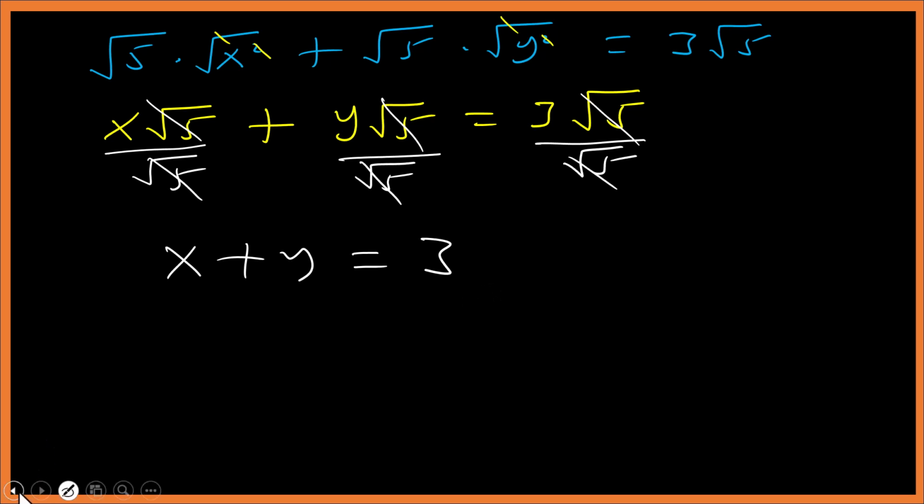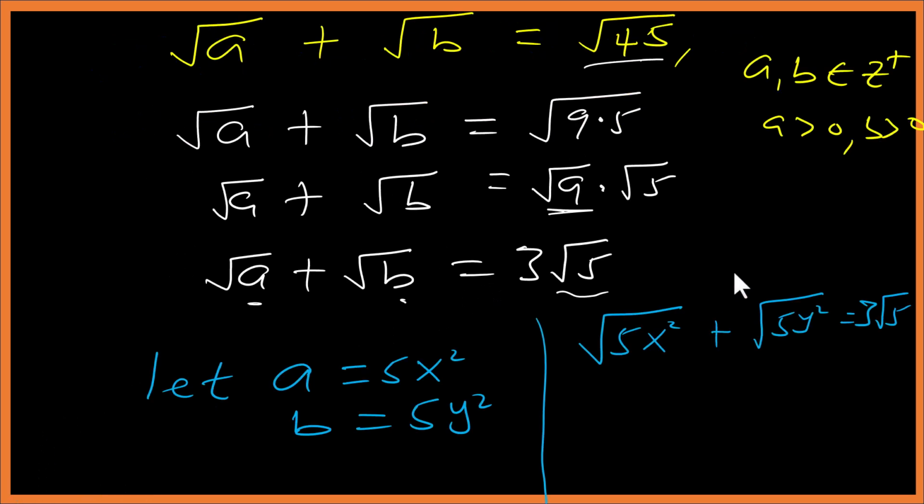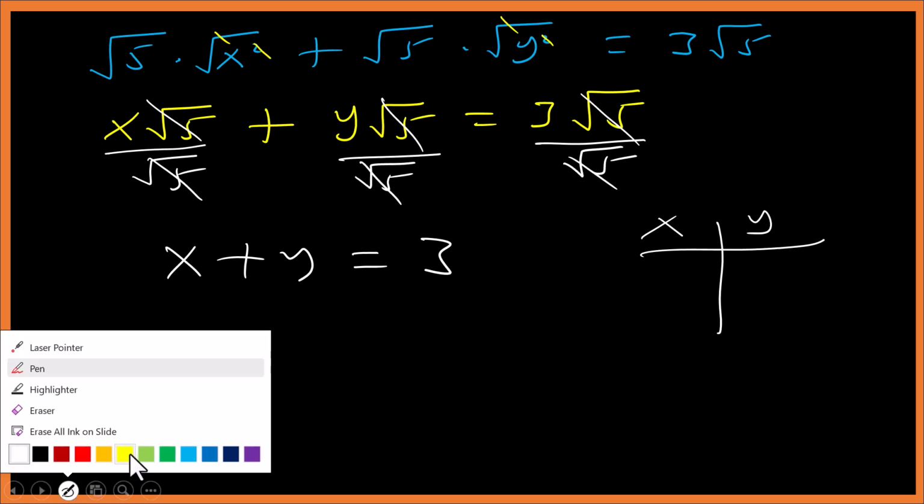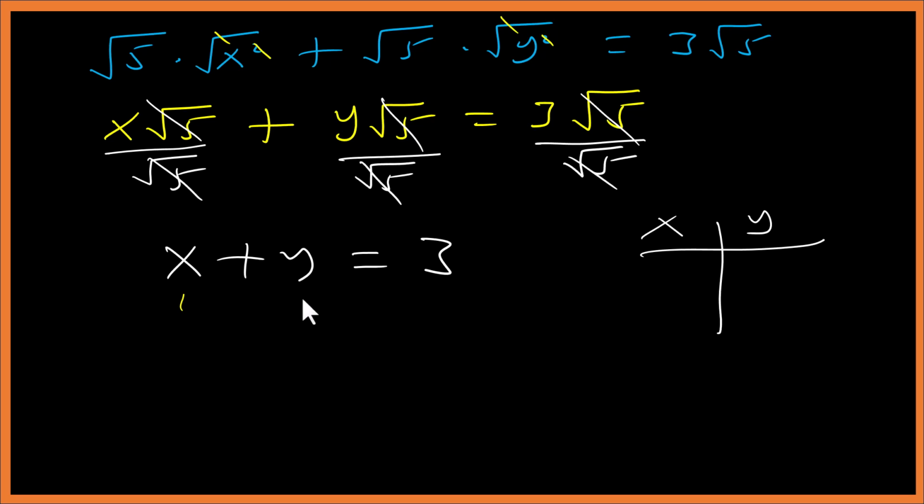Now remember, a and b are more than 0, and therefore this side should also be more than 0. Now if x is 1, y will be 2, and if x is 2, y will be 1. So we have 1, 2 or 2, 1.